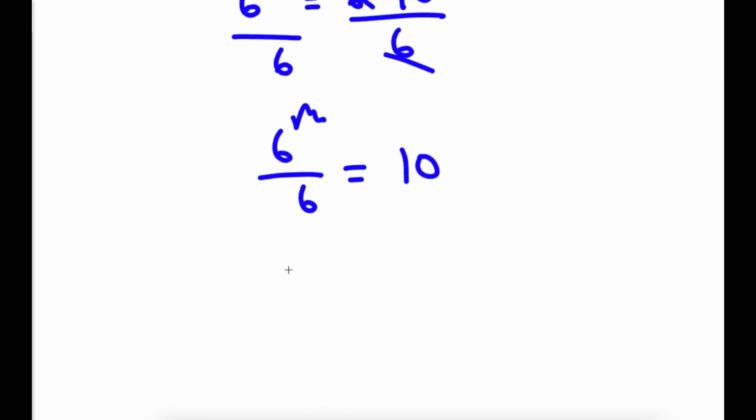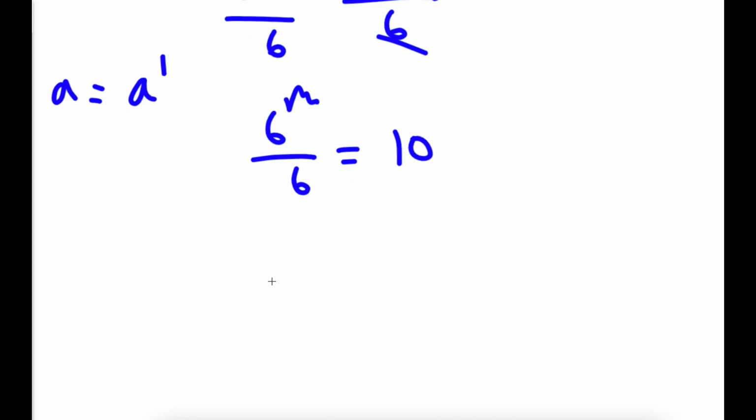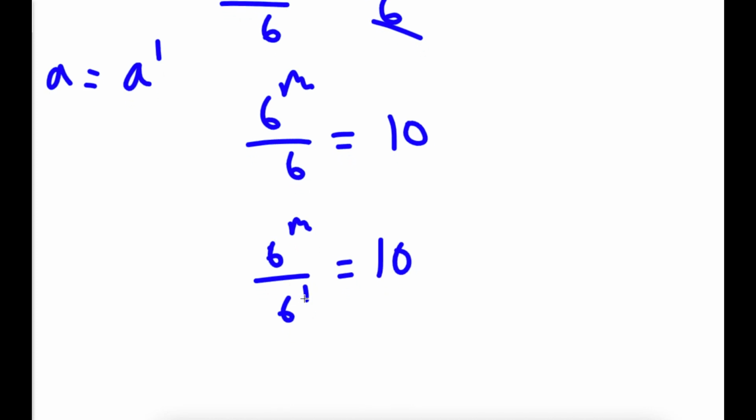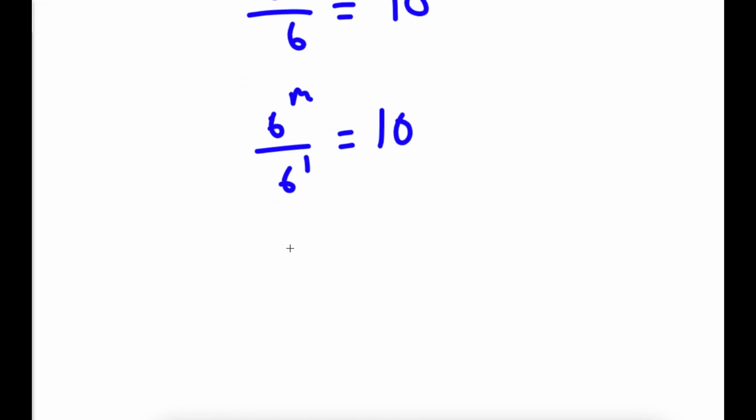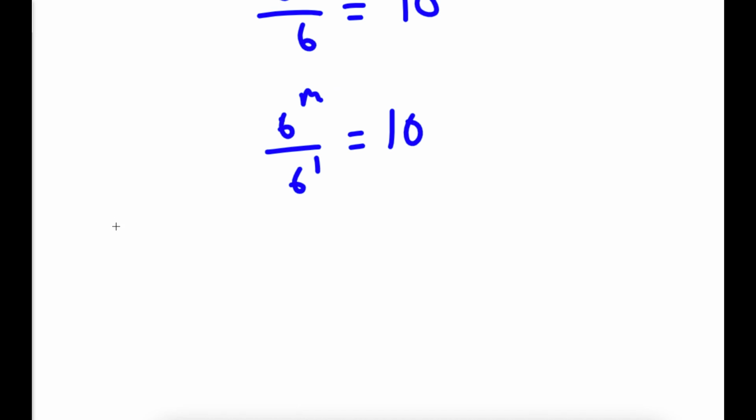Now 6, or any number, is the same thing as that number to the power of 1. So 6 is the same thing as 6 to the power of 1. So I have 6 to the power of m over 6 to the power of 1 is equal to 10. Now, an important property of exponents is that if I have something in the form a to the power of m over a to the power of n, this is equal to a to the power of m minus n.